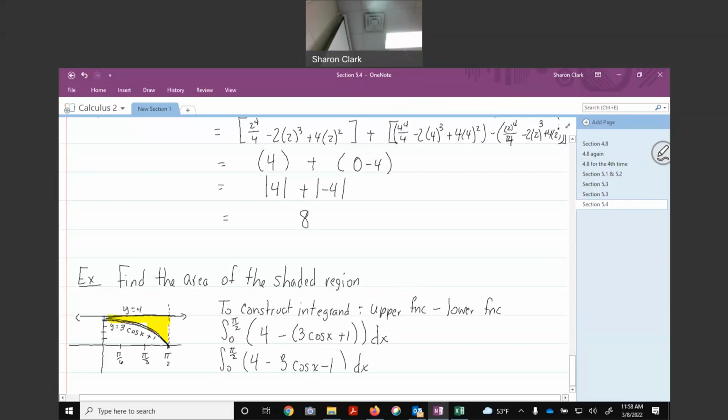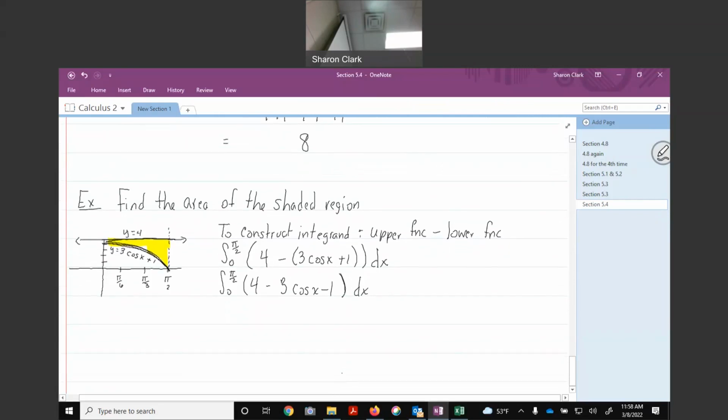Huh? Why do you need to? Because it's the bounding on the top of it. Just do 4 times pi over 2. That would be the whole big box. Yes, then we would have to take out the area of this. It's the same thing. We're doing 4 times x, which is what you're talking about. When we integrate it, we get 4 times pi over 2.